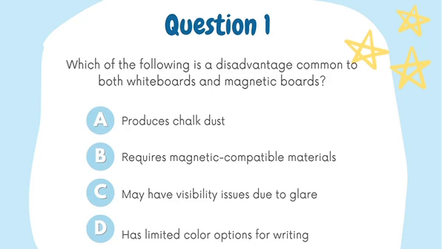Which is the disadvantage common to whiteboards and magnetic boards? You have 3 seconds from now on. Yeah, the answer is C. It may have visibility issues due to glare.